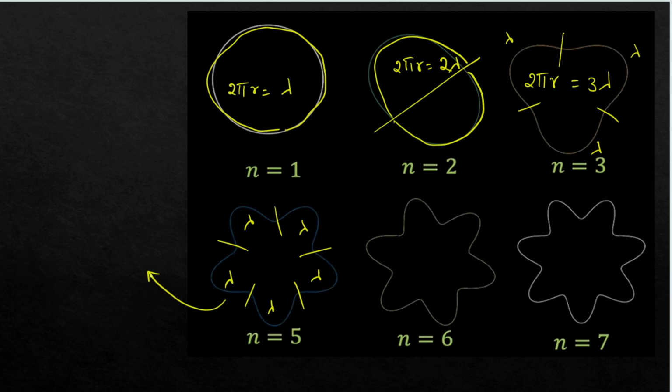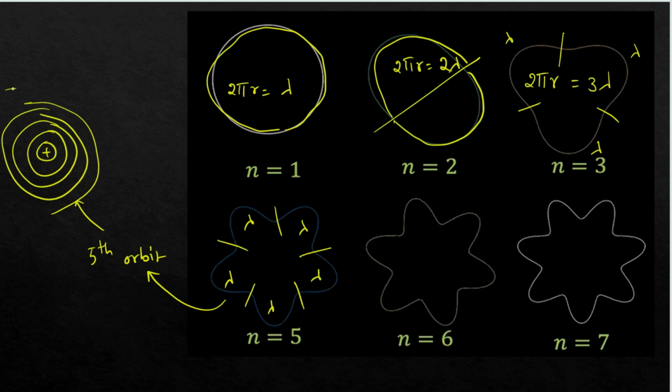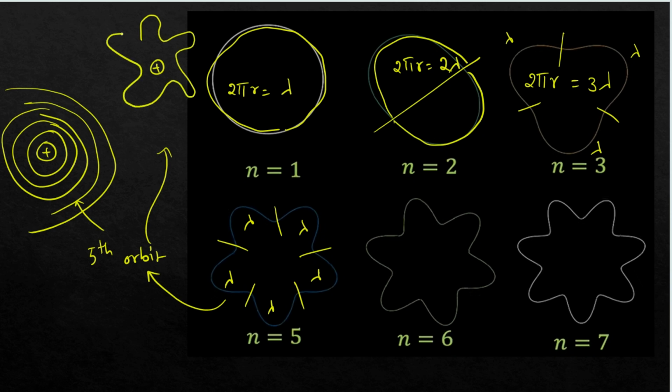For the fifth orbit, according to Bohr, it will be like this: 1, 2, 3, 4, and 5. But according to de Broglie, it will be like this. For the fifth orbit, with the nucleus at the center, I'm writing 1, 2, 3, 4, and 5.